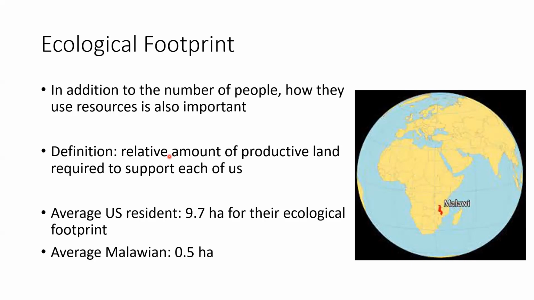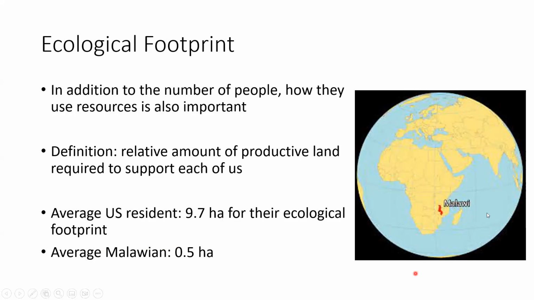So we need to think about our resource allocation, our resource use, in addition to just the population growth in general. Because if we look at the average US resident, it takes almost 10 hectares to support the land for each person.